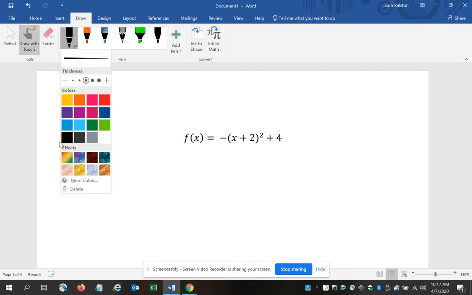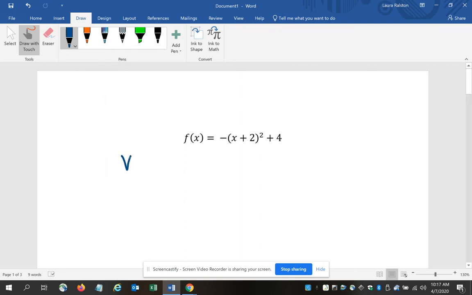Typically what we want to do is identify the vertical translation, the horizontal translation, whether there is a reflection on x, whether there is a reflection on y, and whether there is a vertical stretch or shrink, which they refer to as compressed.